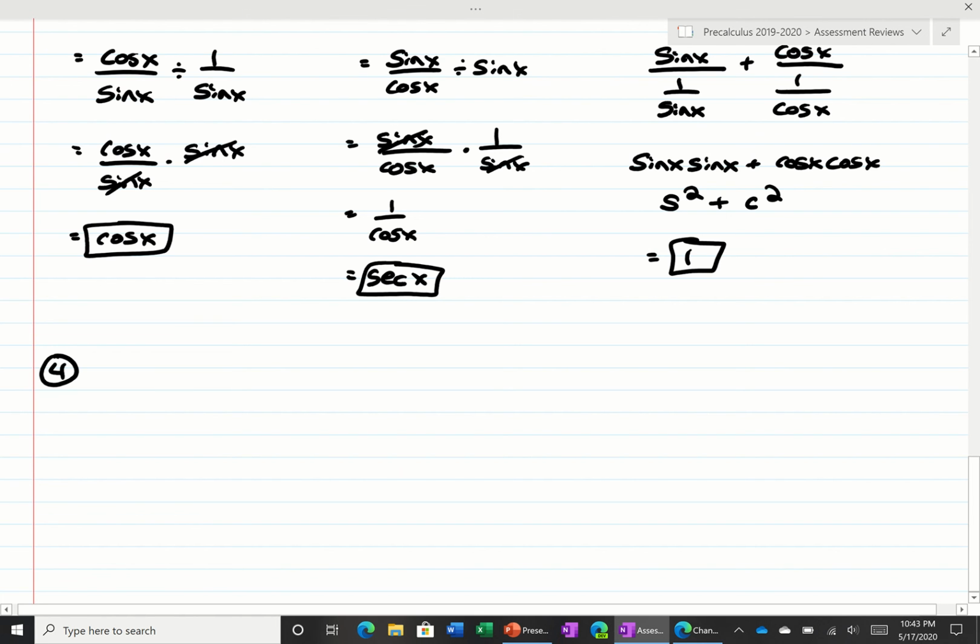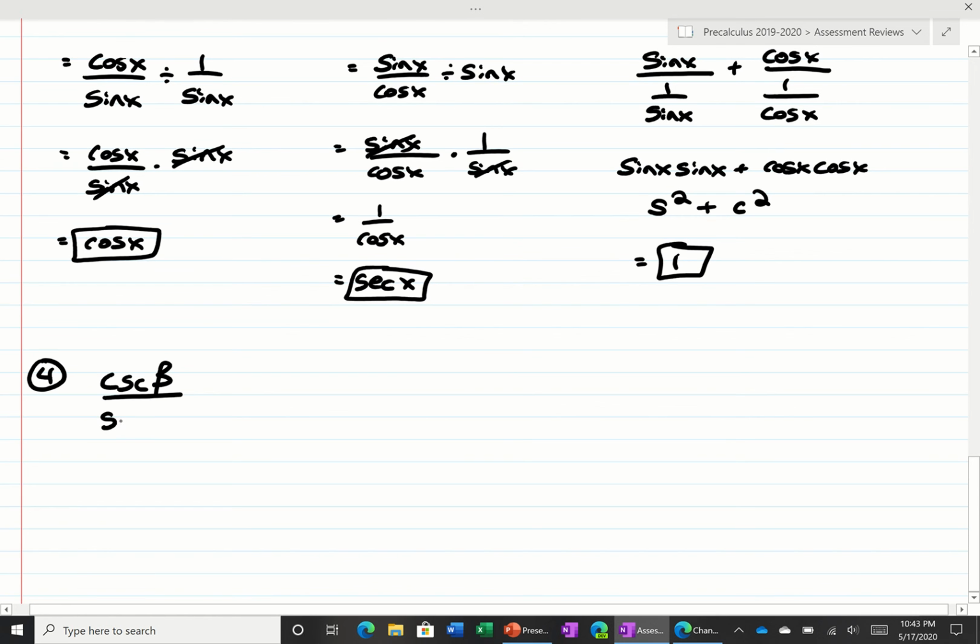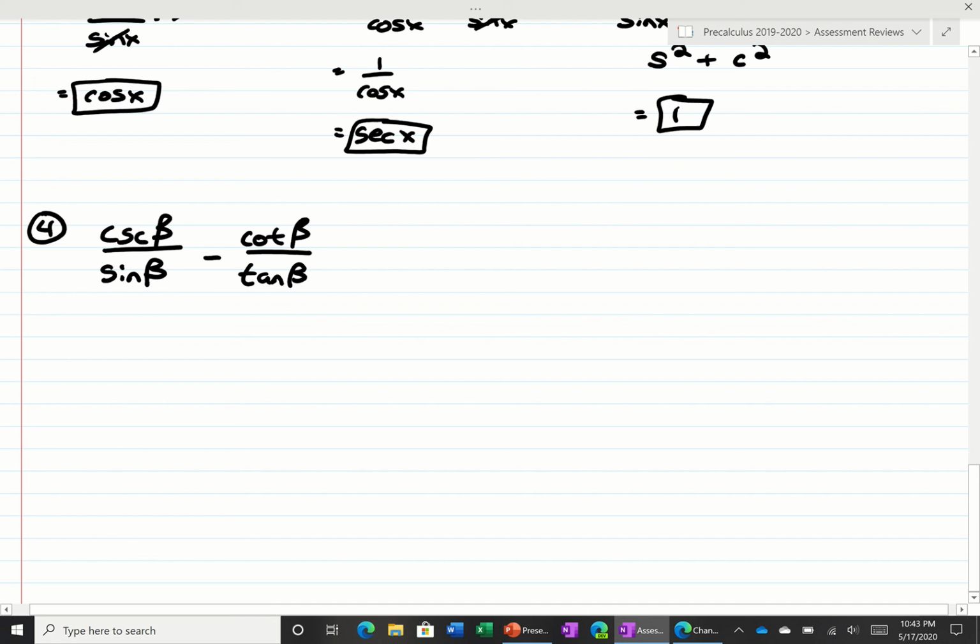For problem number 4, it says we have cosecant of beta over sine of beta minus cotangent of beta over tangent of beta. We'll do a similar thing we did before. Let's convert to sines and cosines.